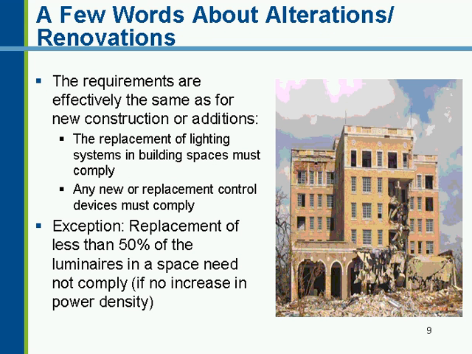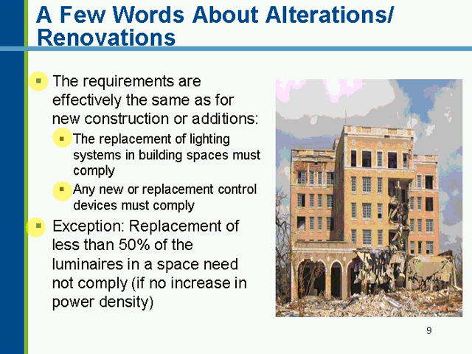The requirements, as we said, are effectively the same for new construction and additions. If you replace the lighting such that it is the same as a new construction, then it must comply. If you are not replacing the lighting, it does not have to comply. Similarly with a control, if you replace the control, it has to comply. There's one general exemption for lighting, and it's on a space-by-space basis.